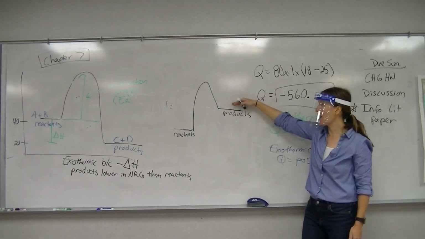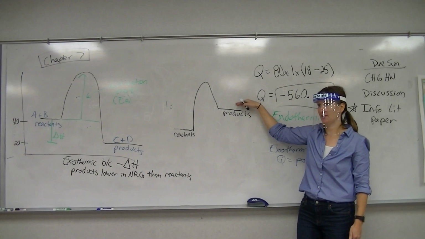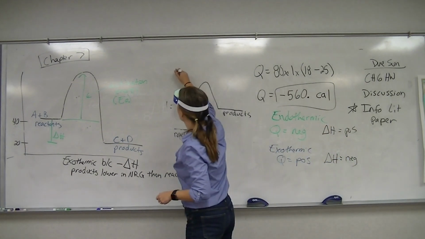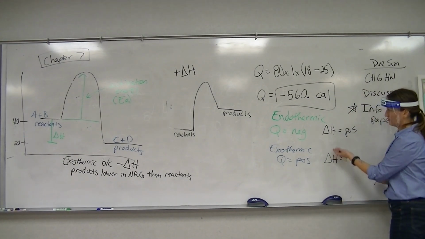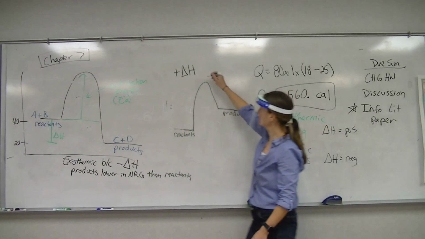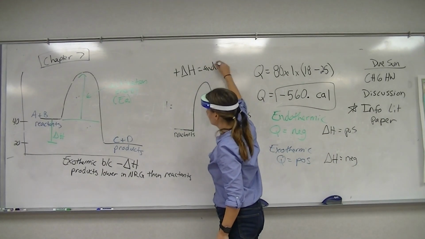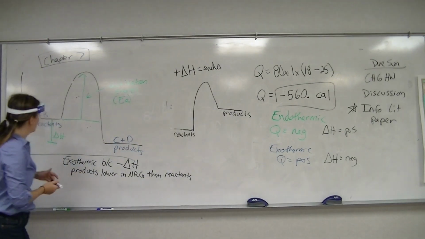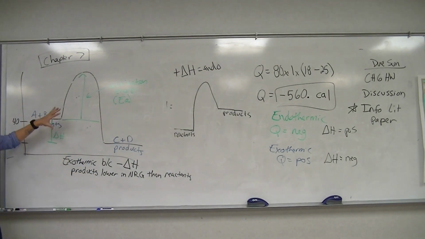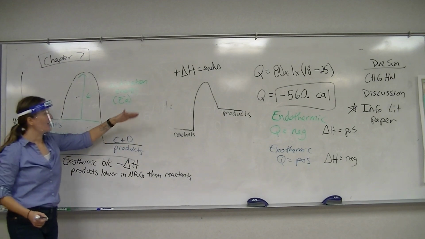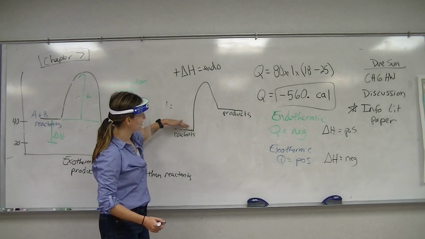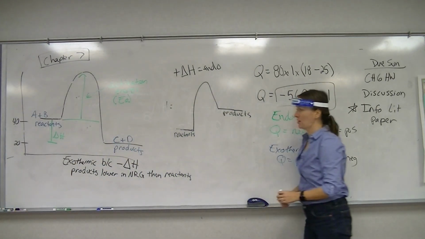So if my products are higher in energy, I'm going to get a positive delta H. So this is an example of positive delta H, and positive delta H means endo. So this is always what an exothermic one is going to look like. That activation energy hump might be different, but you're always going to see your reactants higher in energy than your products. Endothermic, you're always going to see your reactants lower in energy than your products.